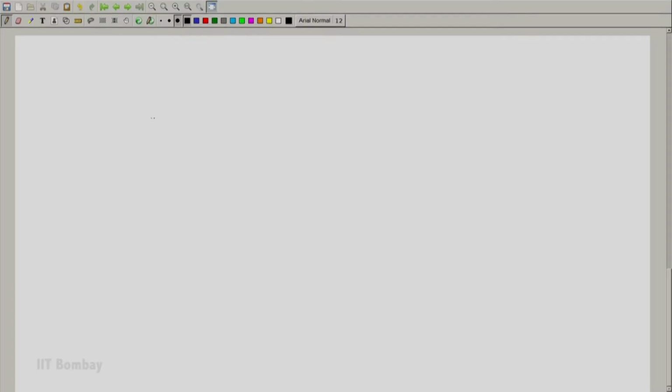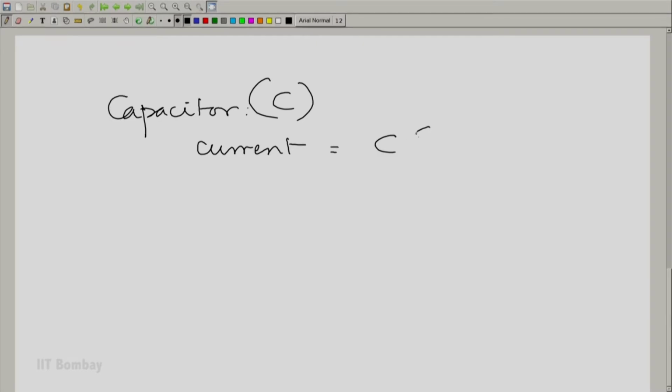Now, for this we will have to look at the equation that describes a capacitor, or the equation that describes anything that has a derivative operator embedded. Now, the current in a capacitor is related to the derivative of the voltage. Is that right? So, let us see. For a capacitor, if the capacitance value is C, then the current is C dV/dt.